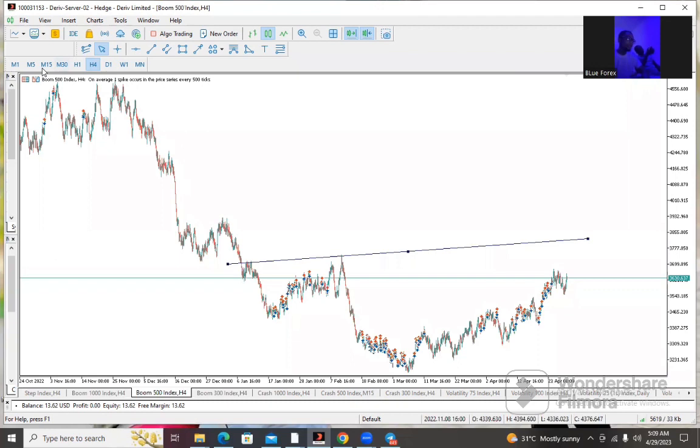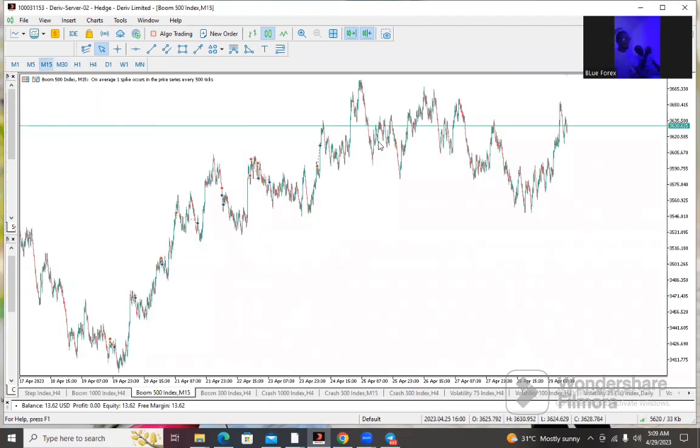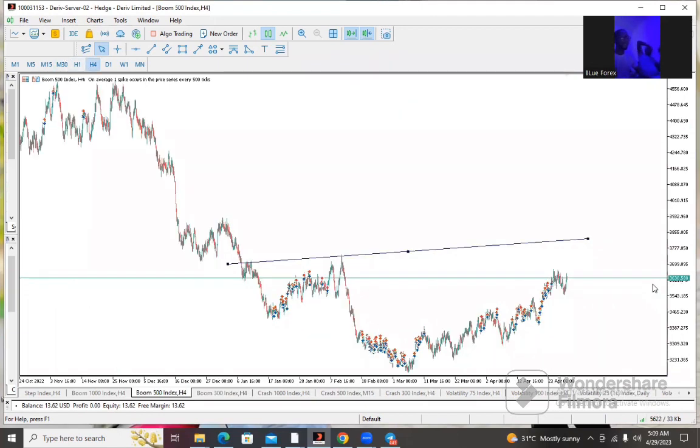so this is H4 for Boom 500. Already on H4, the market is an uptrending market. So I'm not in a hurry to take any trade from this side or this side. I'm not ready to take any. I'm waiting for this because there's a clear, very nice zone over here.